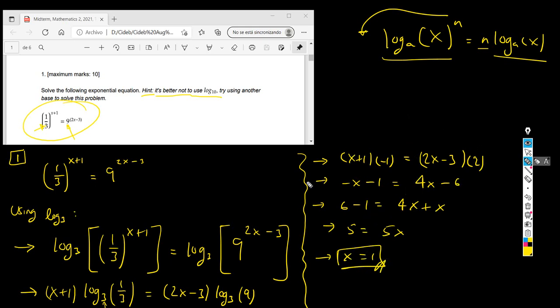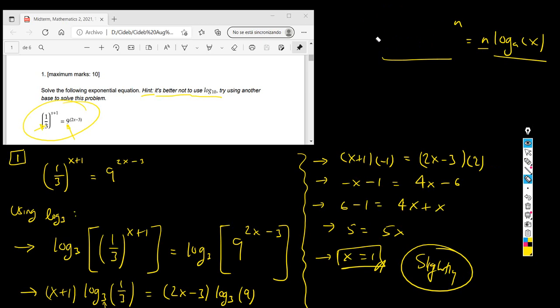Now let me tell you, the process is slightly different if you use logarithm base 10. Only slightly different. And let me do it in here since I don't want to erase this whole thing. What if you chose base 10 instead?